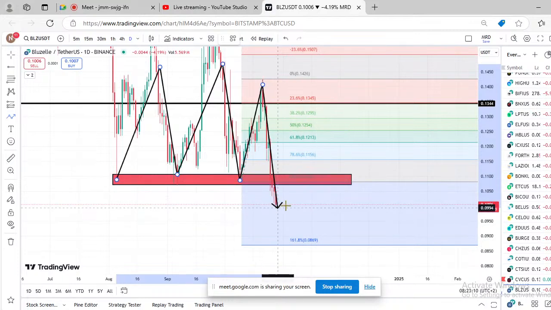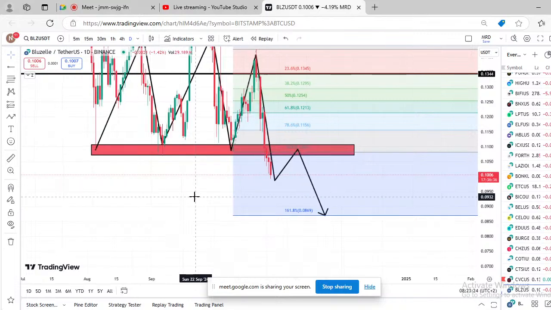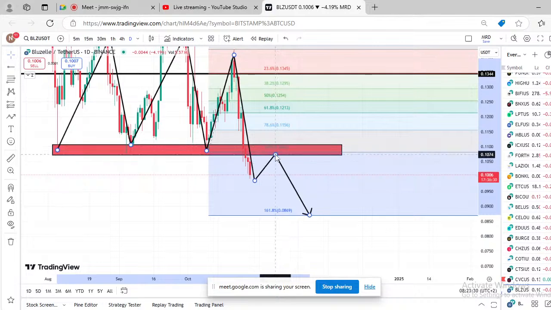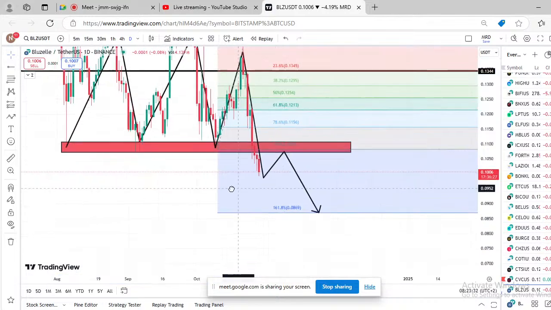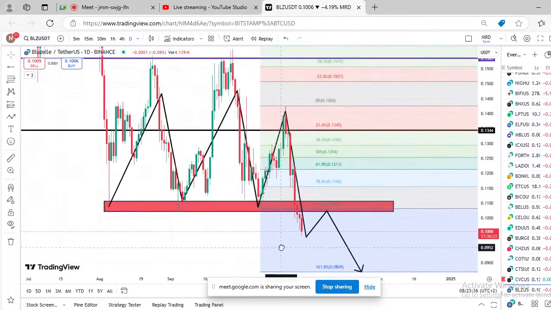This is a new support. Rather, this is the new low. So we expect the market to first come back here, then it may drop. So meaning, before touching this line here, the red line, you will be out, according to how it is performing.